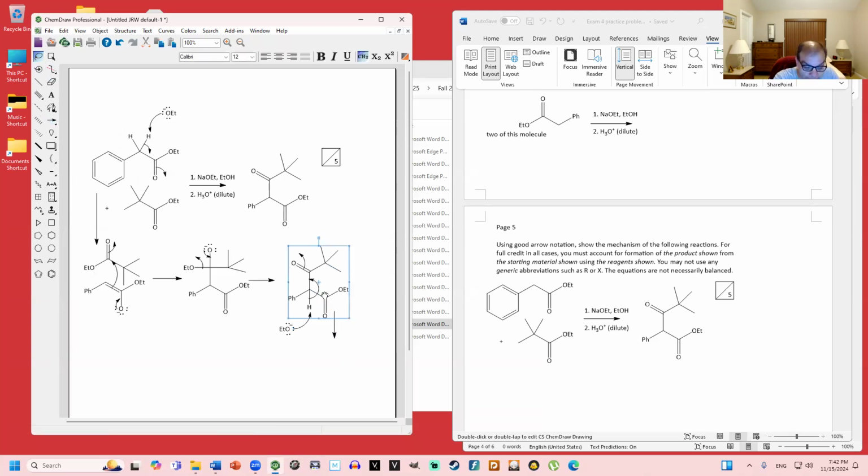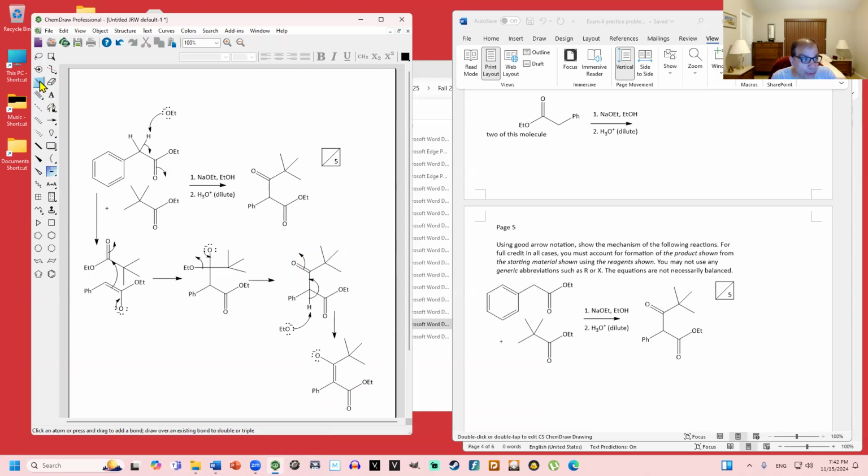Any of the valid resonance forms will be accepted. So you now have a double bond over here, and then you get this enolate.